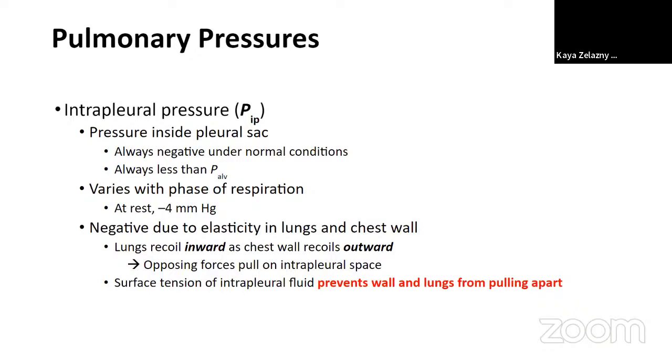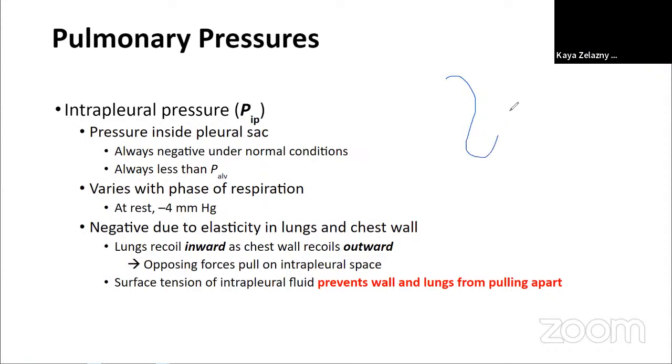Our interpleural pressure is a bit of a trickier concept. This is the pressure inside that sac. I guess I shouldn't have erased that drawing. Okay. So our sac here, alveoli from our lung here, capillaries, and bronchioles leading up to the trachea and leading out.